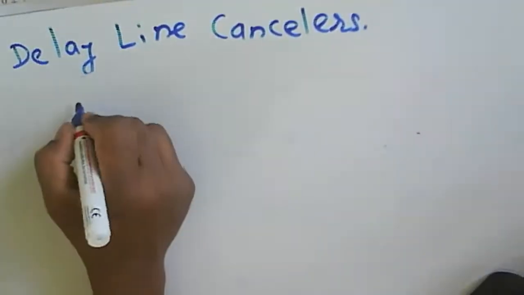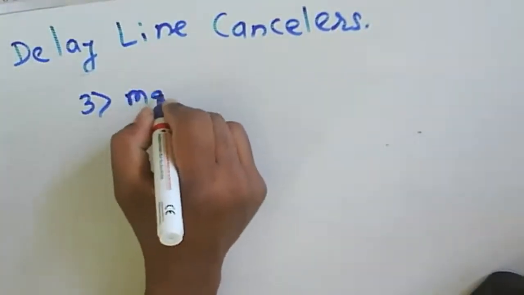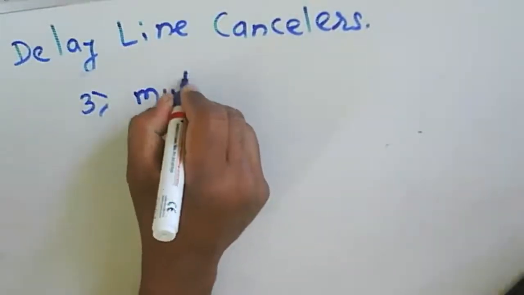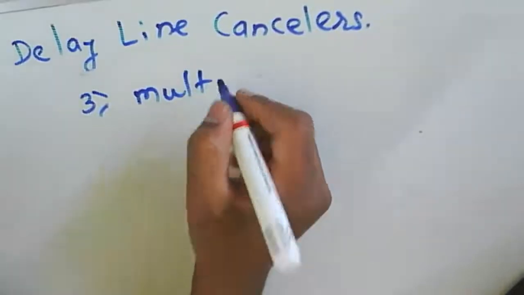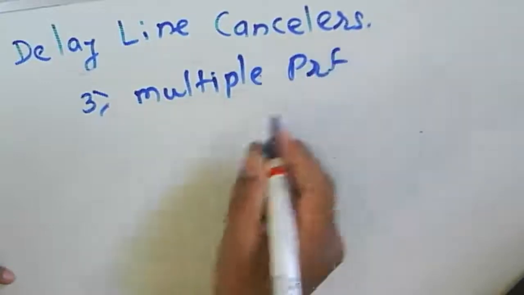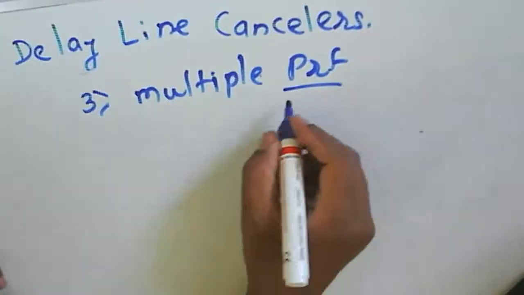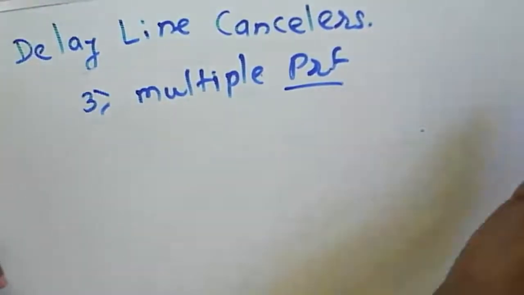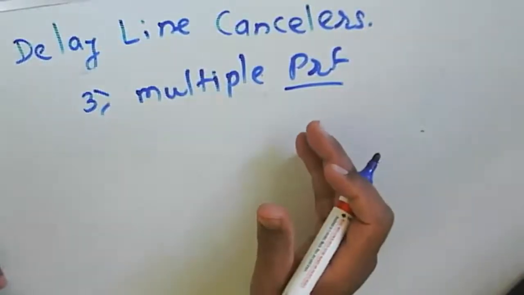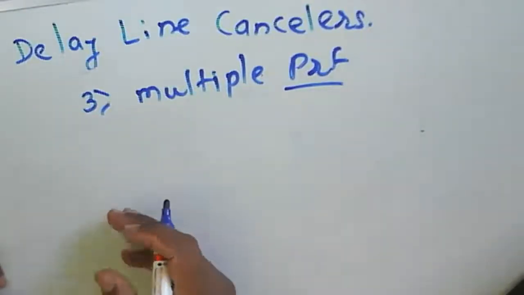Another case is that instead of a single pulse repetition frequency, we can use multiple pulse repetition frequencies, a two PRF or three PRF. Multiple PRF means we can avoid the blind spot. At a given pulse repetition frequency, even if a blind spot occurs, at a different pulse repetition frequency we identify the target.